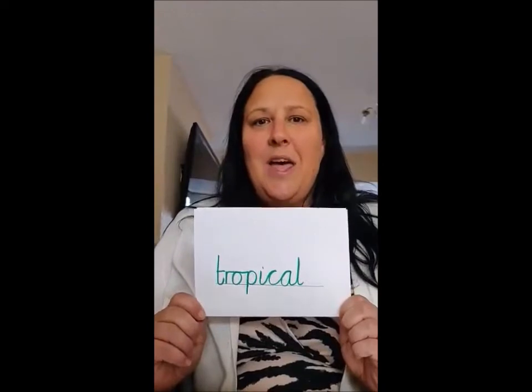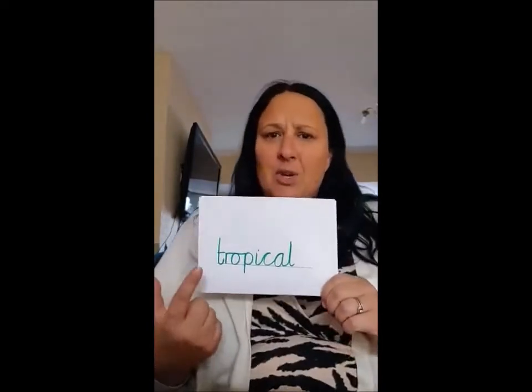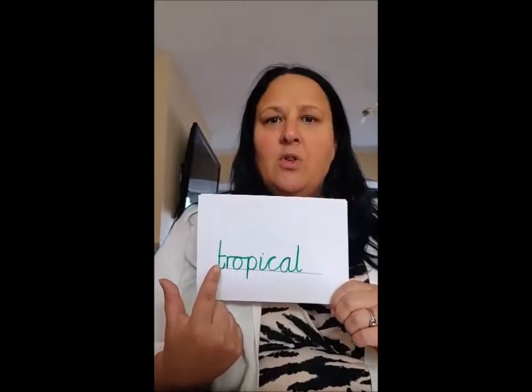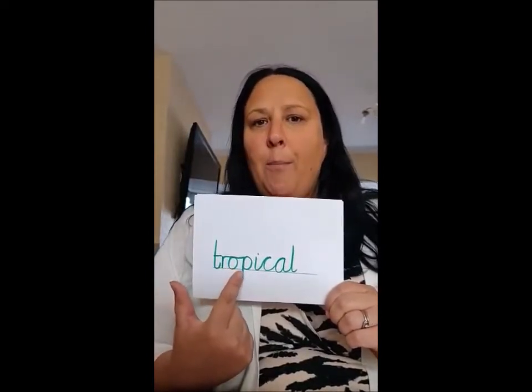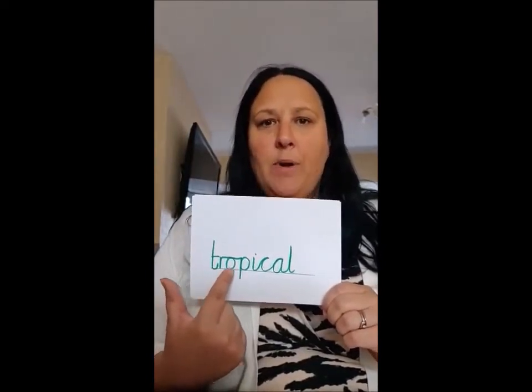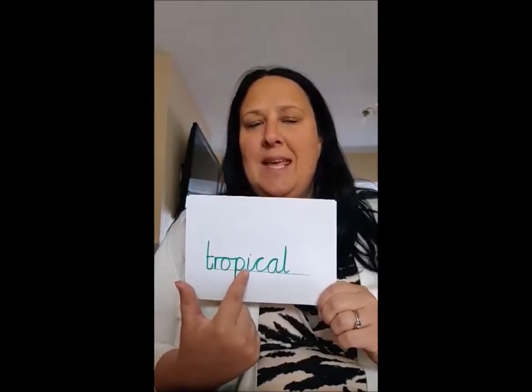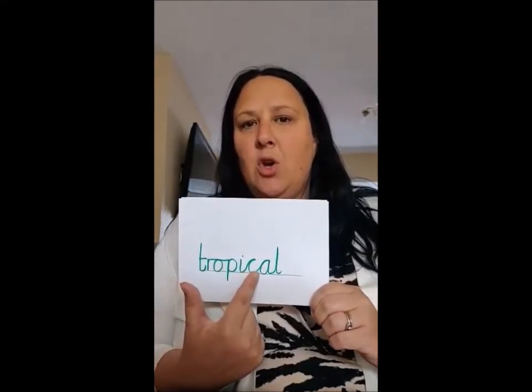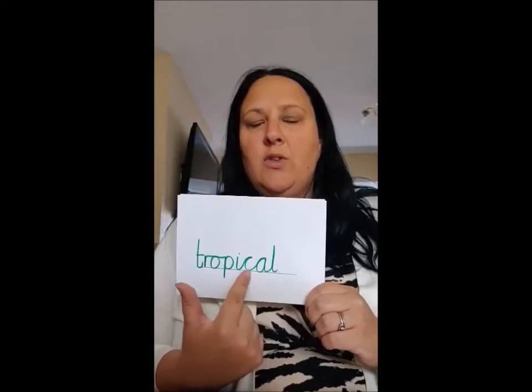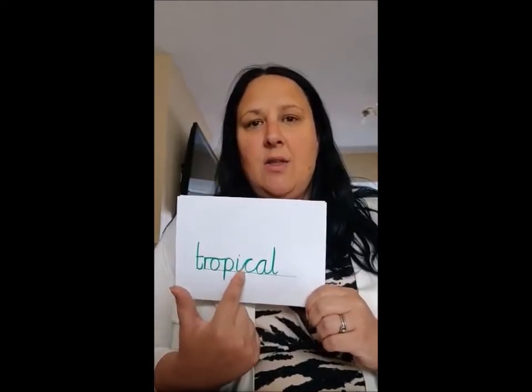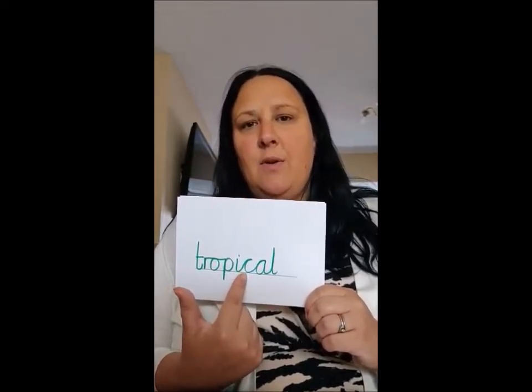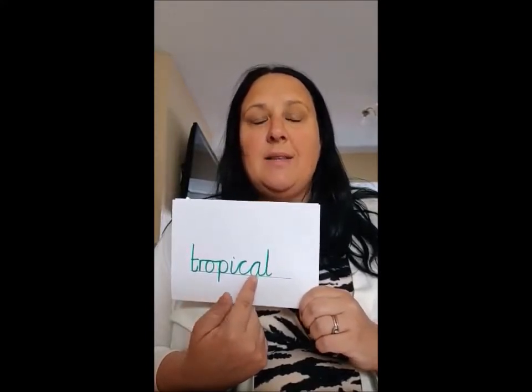Next word. A word from earlier. Tropical. Let's sound it out together. It's long, but it's actually quite easy to sound out. Trop. Trop. So you've got the curly C here, the k phoneme there, and this A followed by the L, one of our spellings, it makes a ul sound.